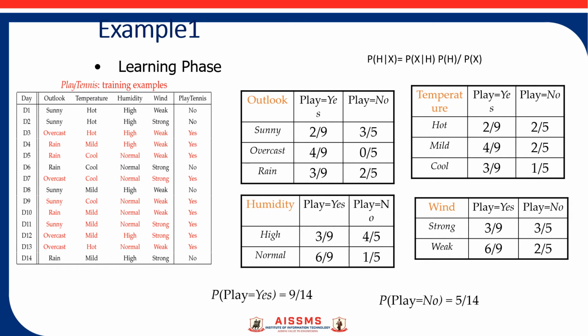In the rows we put the values of the attribute, and in the columns we put the class labels, the possible classes. Then we put in the probability: what is the probability if the outlook is sunny and the play is yes? We put the probability for each and every cell. After completing this example, we will have a lookup table for every attribute.